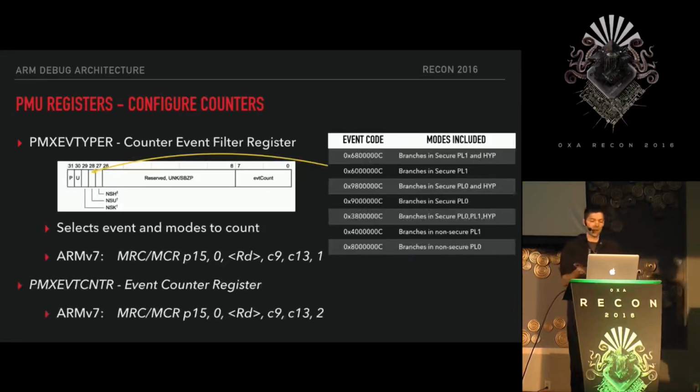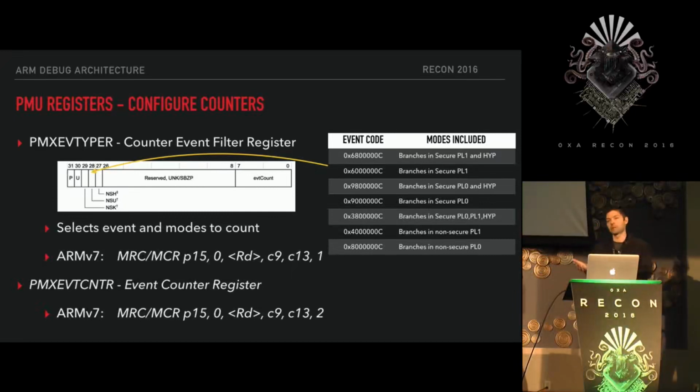Once you do that, you can set the events that you want to count, or query or set the actual counter value. Notice in the event filter register, there are only 8 bits that ARM has for events, so they're limited there. But the most significant bits are used for mode inclusions. On the right, there's a little table that shows that if we wanted to count branches, we could do so in user mode, kernel mode, hypervisor mode.